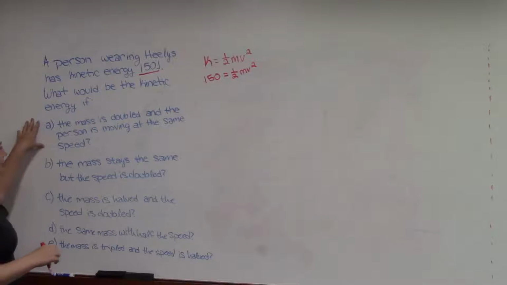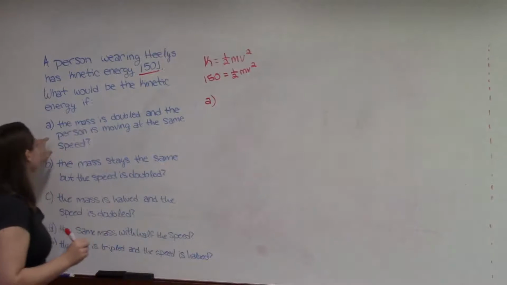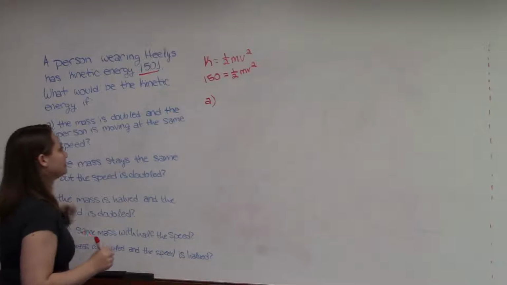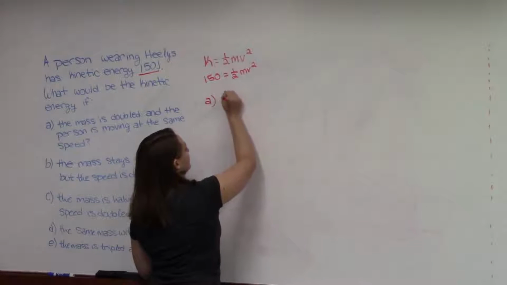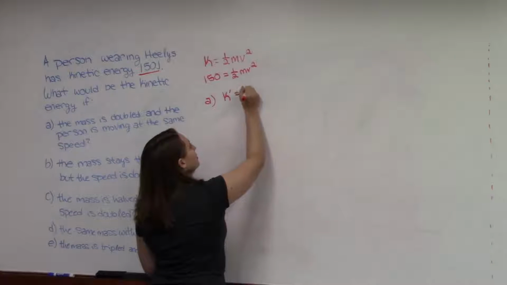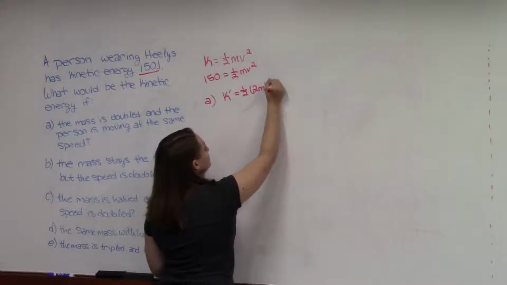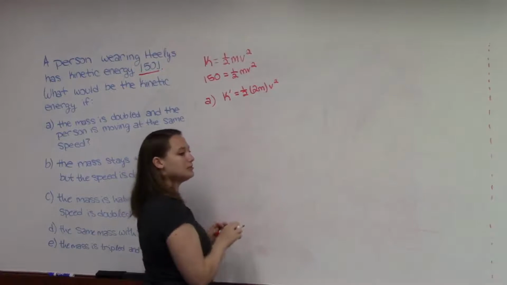So for part A, it says, what if the mass is doubled and we're moving at the same speed? So we can say our new kinetic energy, K prime, is 1/2 times 2m times v squared, because our mass doubled here, so we're just multiplying by 2.